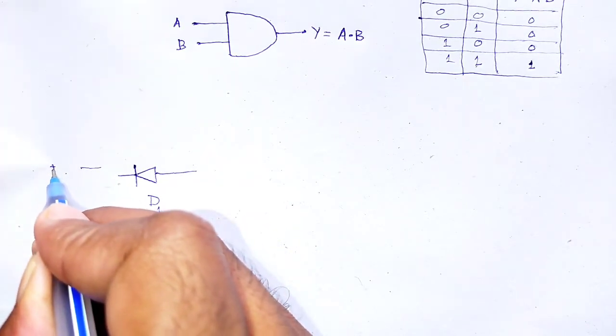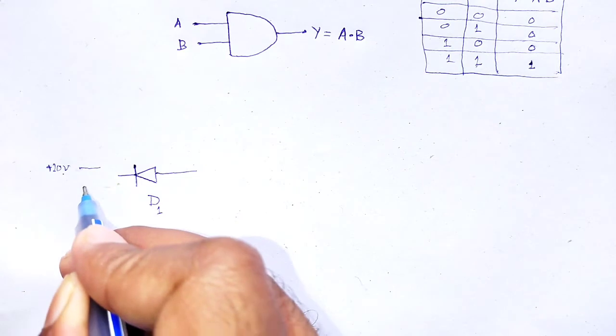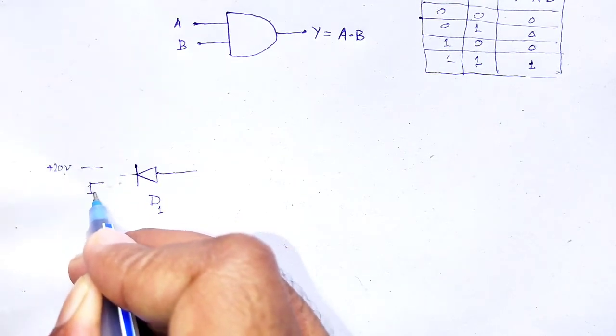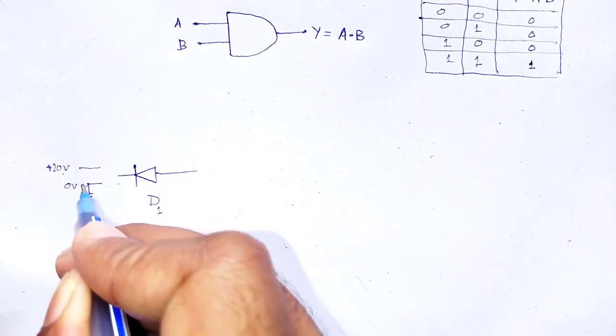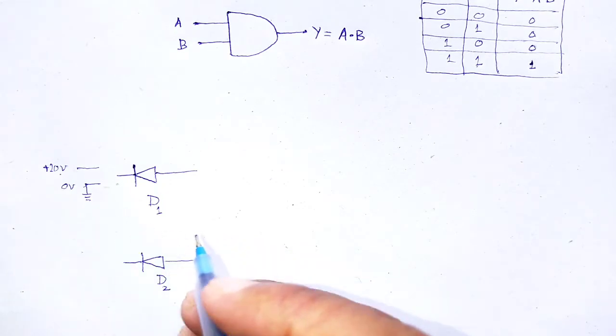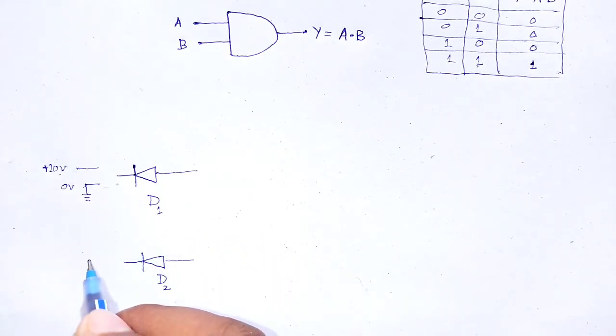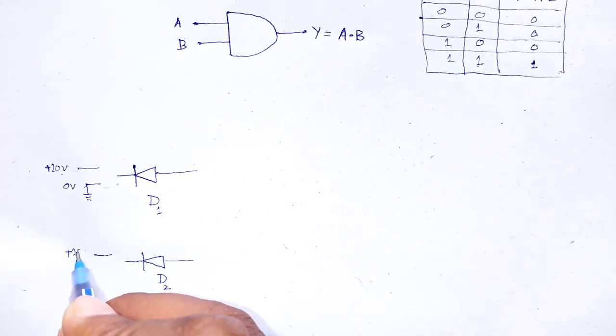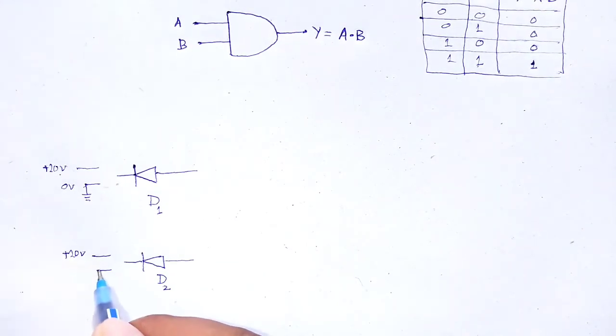Voltage source plus 10 volt, 0 volt, plus 10 volt, and it is grounded, that means it will be 0 volt.